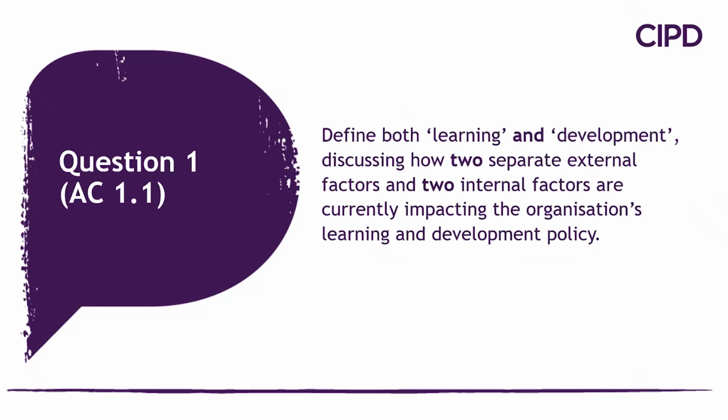It's relating it to your organisation, but you will also need to complete your wider reading to support the points that you're making within that discussion. So there will be a need to reference back to your wider reading when you're discussing how those external and internal factors are impacting the organisation's learning and development policy. The important thing is that you focus on the how. How are those factors impacting it?